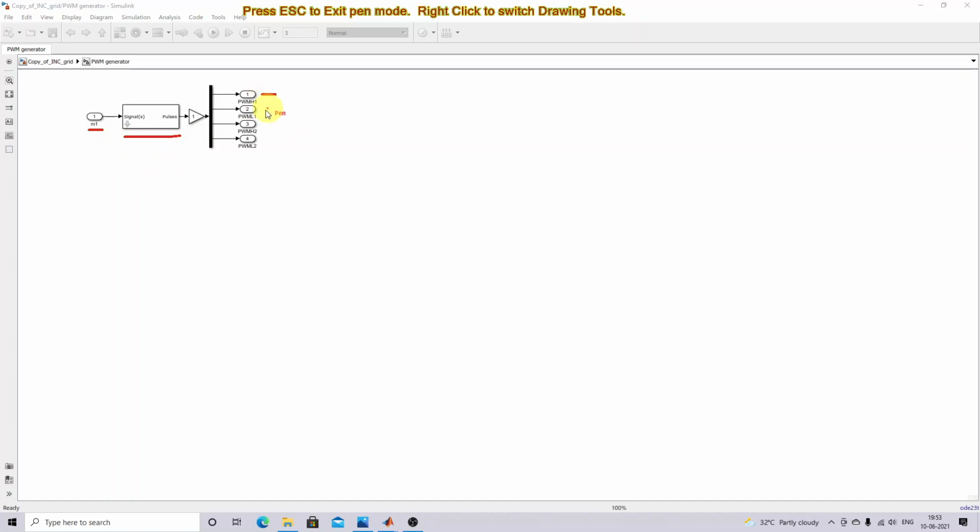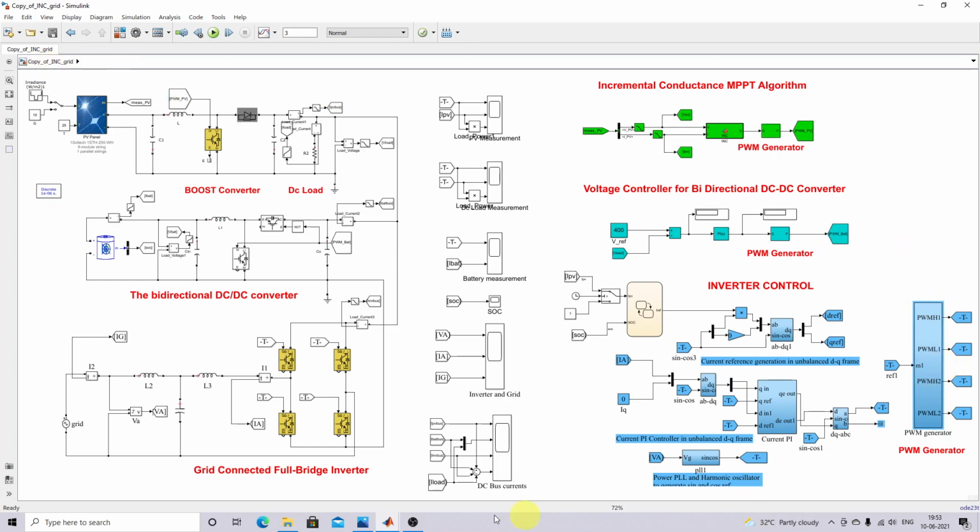It generates the four pulses. So these pulses are going to trigger the IGBTs of this inverter in order to exchange the power from the grid to the DC microgrid and the DC microgrid to the AC grid. So this is the concept of implementation of the control algorithm for the grid connected solar PV system.